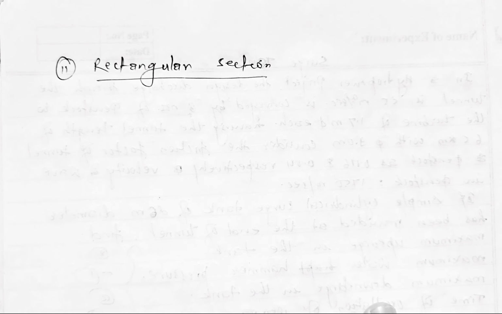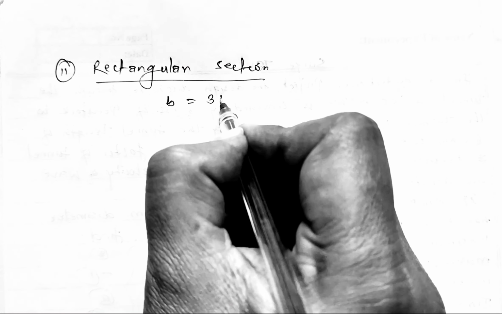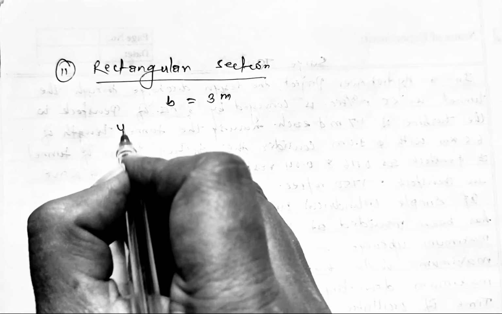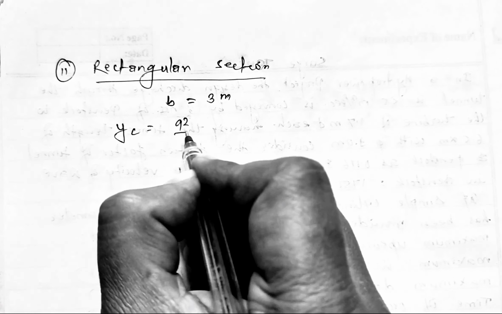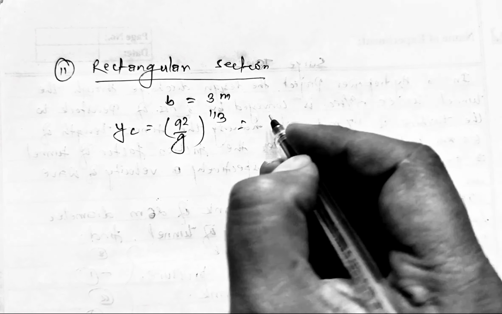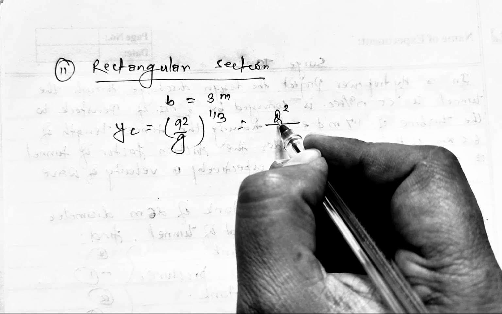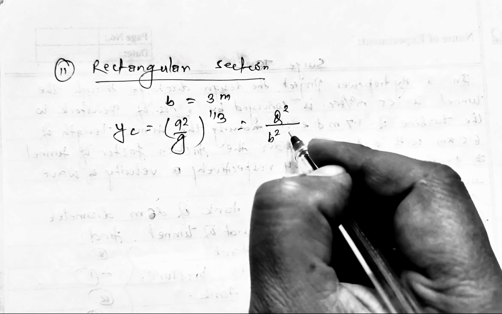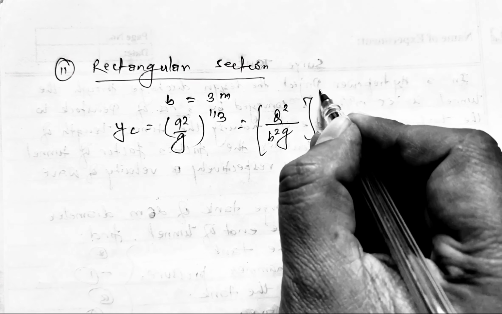Now let's go for the rectangular channel whose bed width is given as 3 meter. In this, the critical depth yc can be given as q square divided by g whole power 1 by 3, which can be transformed into Q square, as the discharge is given, times b divided by b square g, whole power 1 by 3.